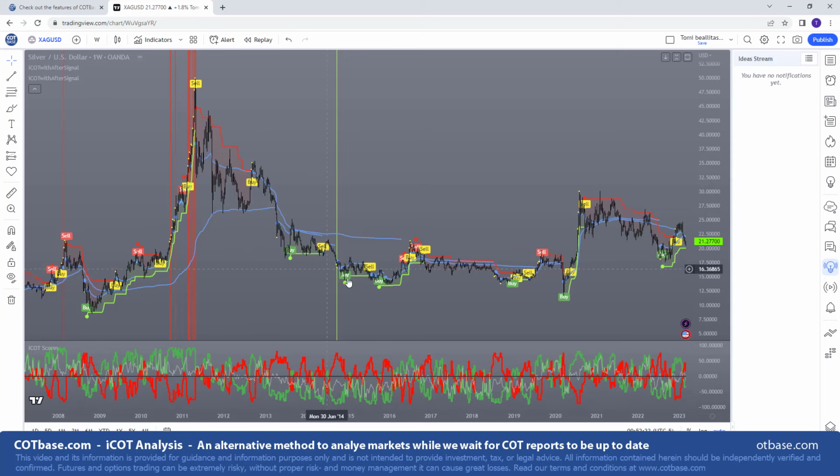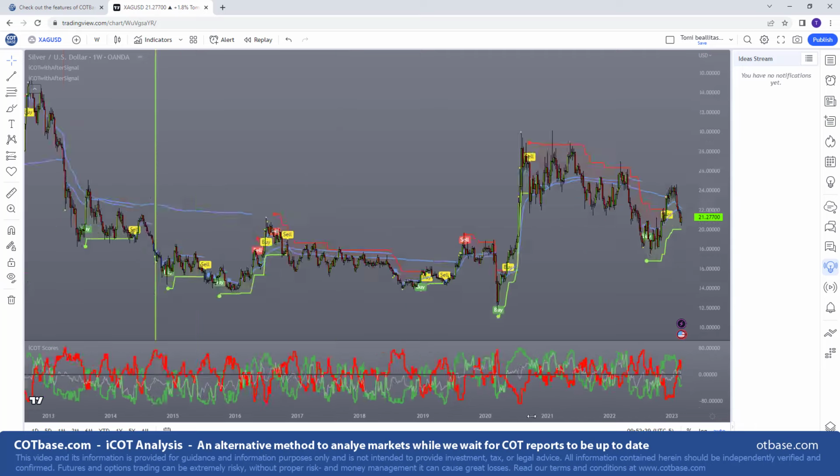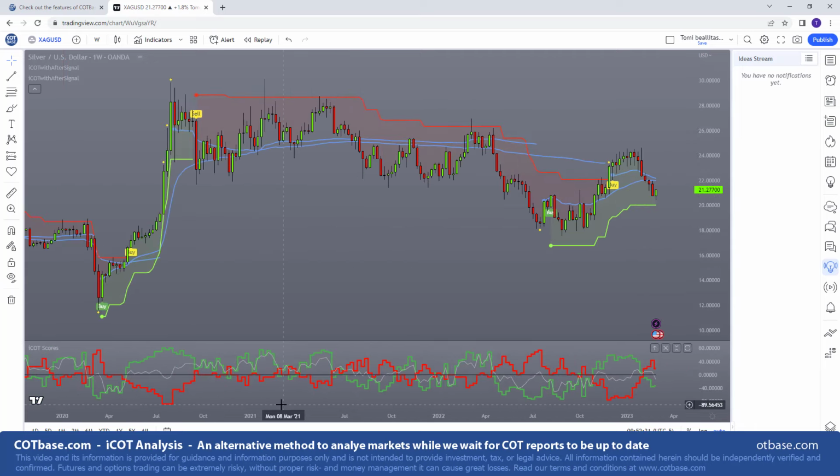As we are reaching the lows here, we are getting beautiful bullish extremes from the market. Because we've put together this indicator using the knowledge from classic COT analysis, I strongly believe that while we are waiting for the CFTC to come back up to date, you can benefit by using this indicator.